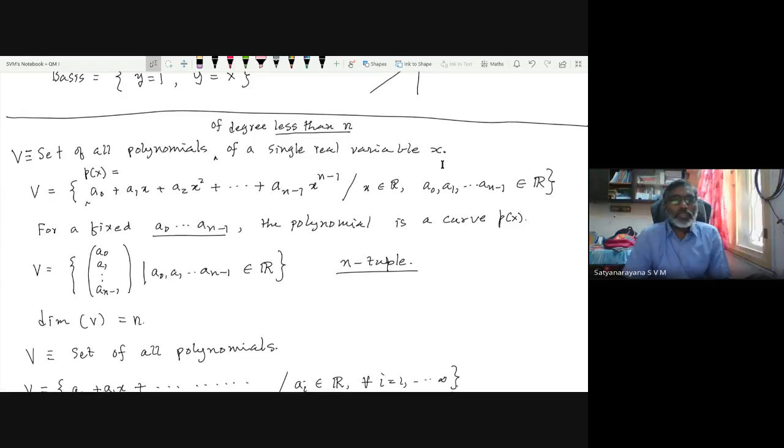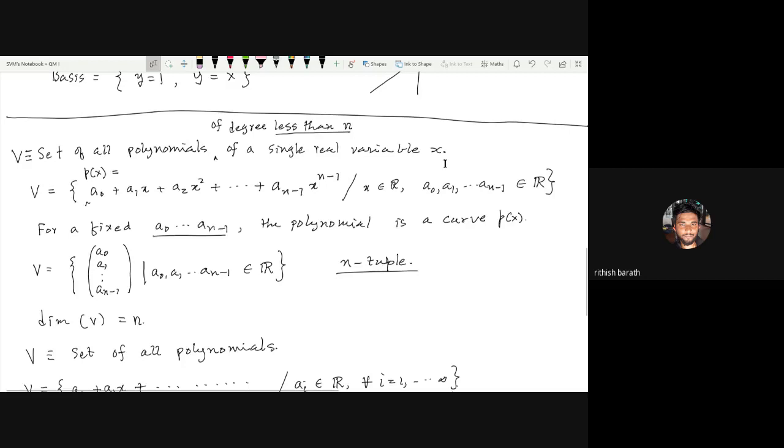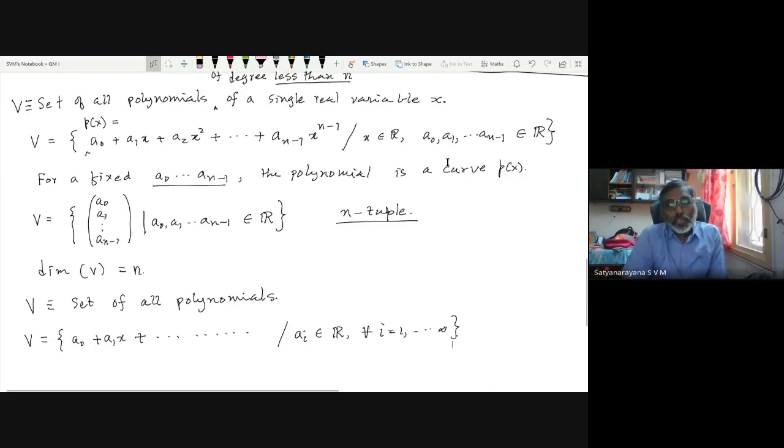What do you mean by x of 0? Like I'm telling a function, sir, such that p of 0 is equal to 0, or p of 1 equal to 1. Okay, I know what you're asking. We'll come to that. Yes.